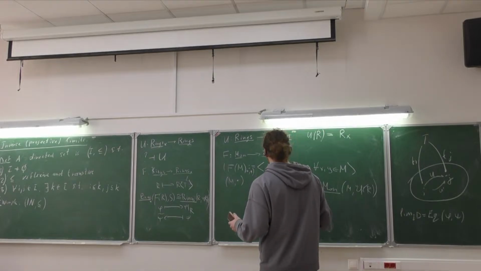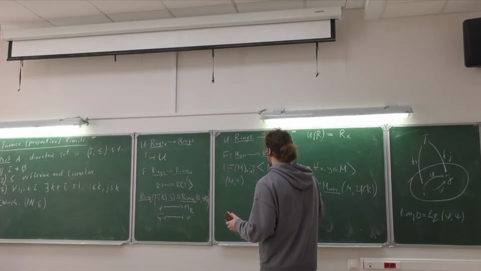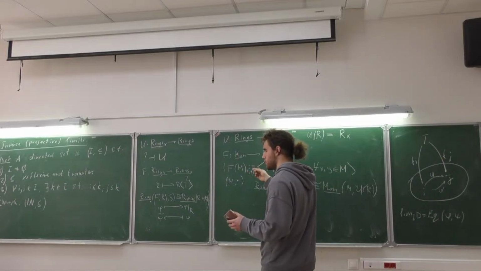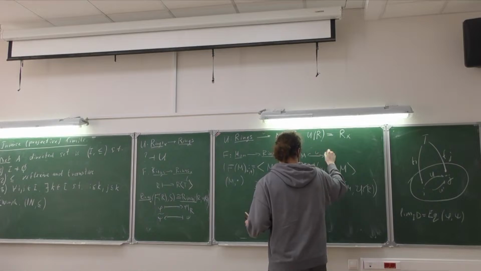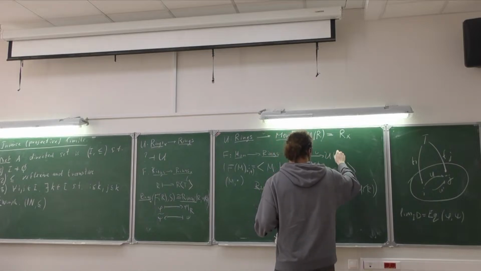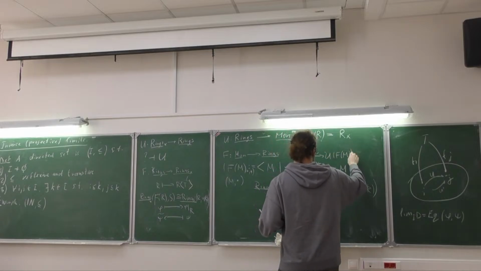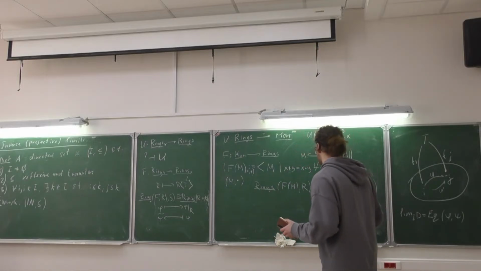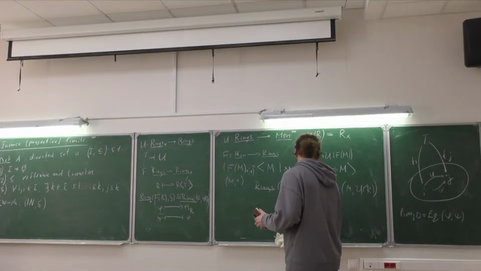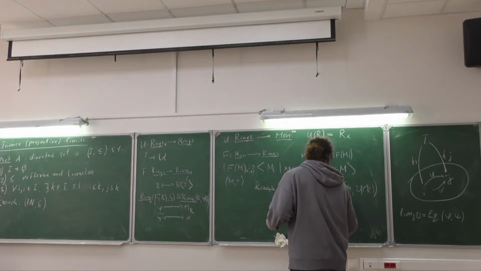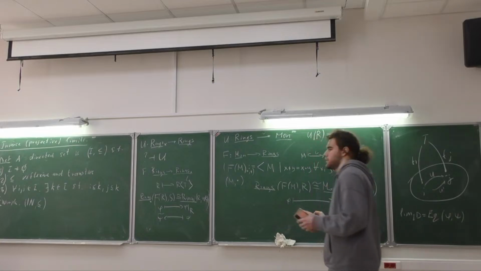So what can I say? It is a ring and it is also a monoid, so we naturally have the inclusion of monoids. Given a homomorphism of rings, I get a homomorphism of monoids by postcomposition.